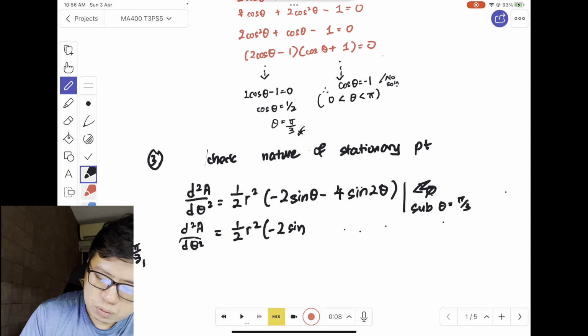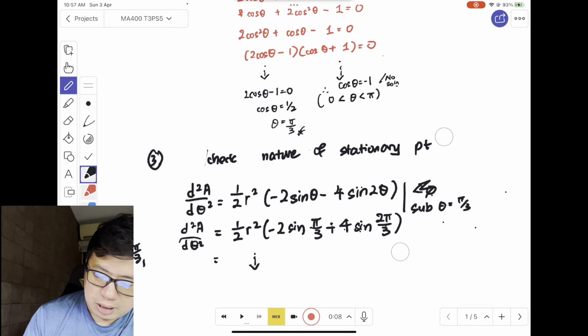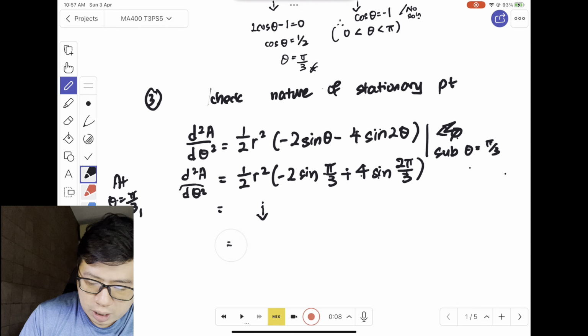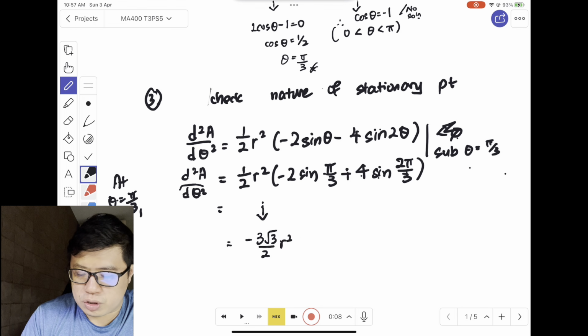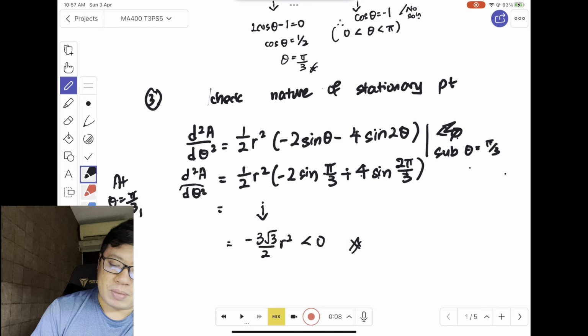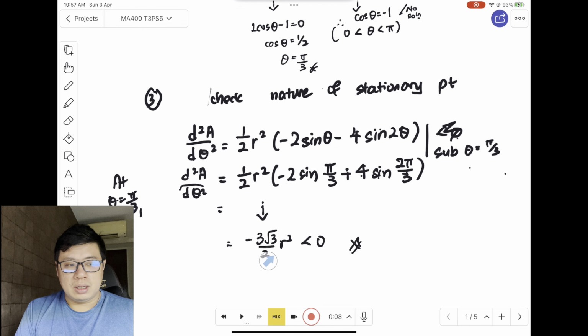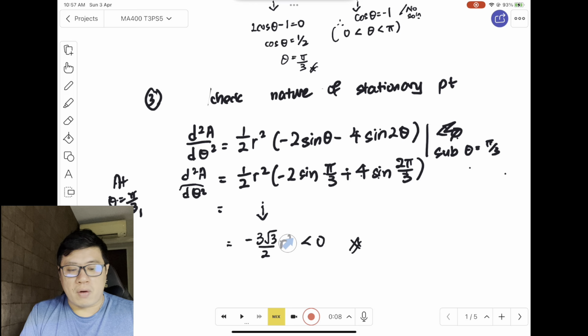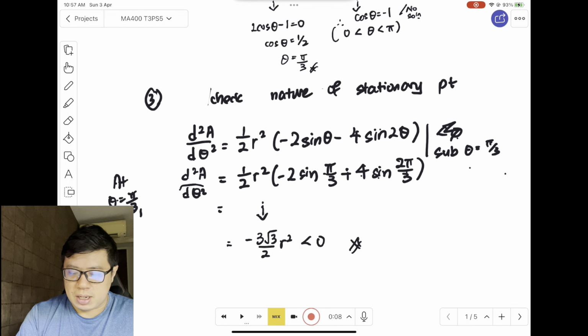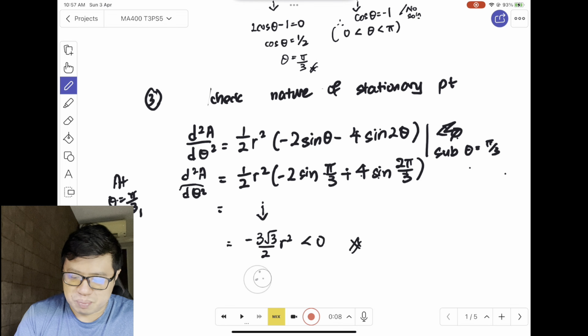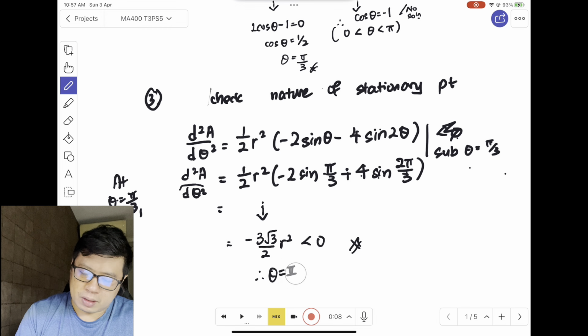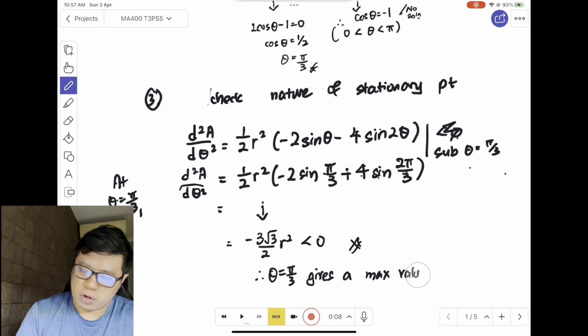Okay, now calculating this, your final answer will just simplify to negative 3 square root 3 over 2 r square, which is actually less than 0. All right, the form is not specific. If you were to do it in non-exact form, that is fine as well. Okay, so from here we verify that yes, theta equals to pi over 3 gives a maximum value of the area of the triangle.